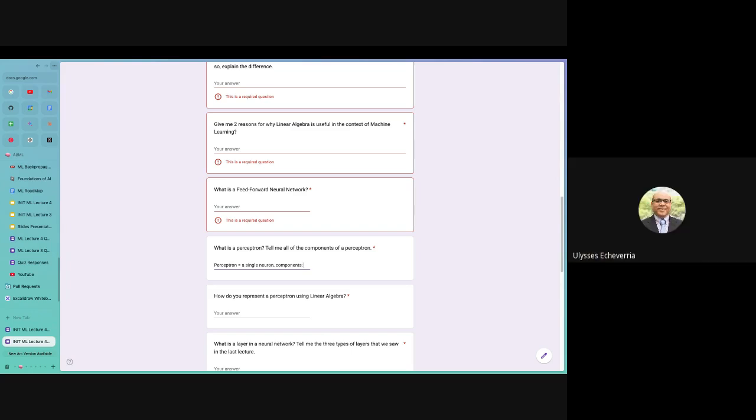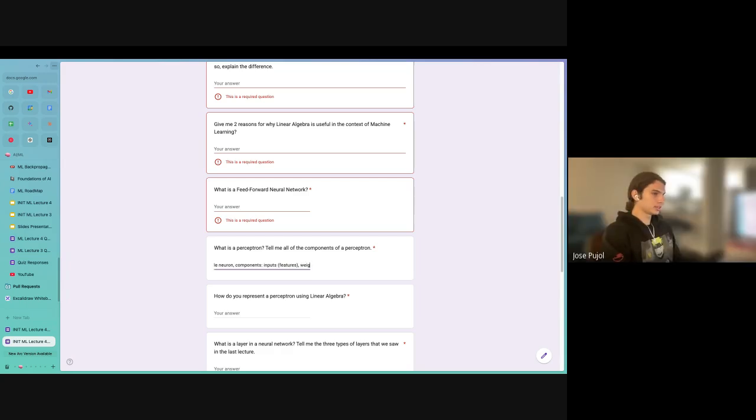First, input, weight, and output. Exactly. You need a function. Yes. Weights and bias. Activation function.